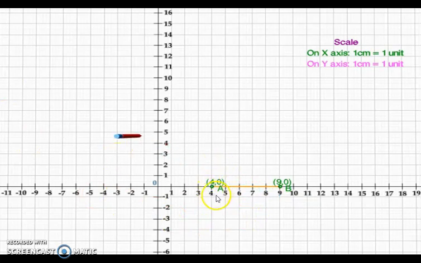Observe here, A is (4, 0) and the point B is (9, 0). I just want to know the distance between these 2 points. Let us just count and see. As we know the scale, 1 centimeter is 1 unit. So this is 1, 2, 3, 4 and 5 units. So the distance between A and B is 5 units.